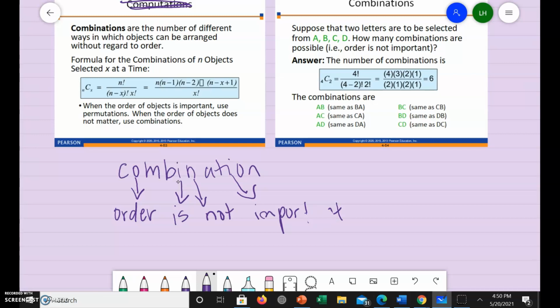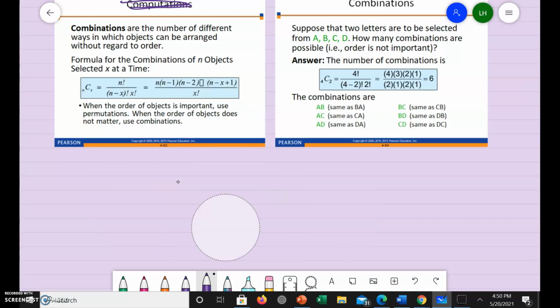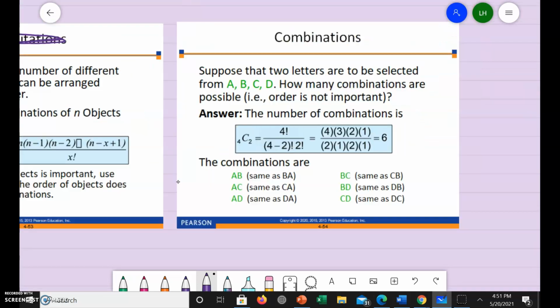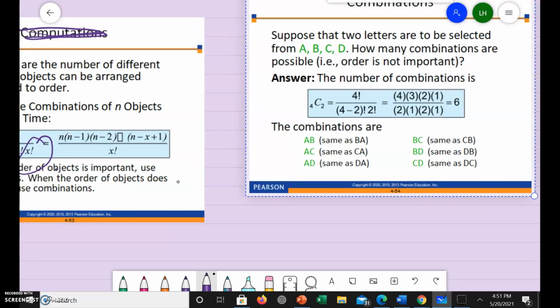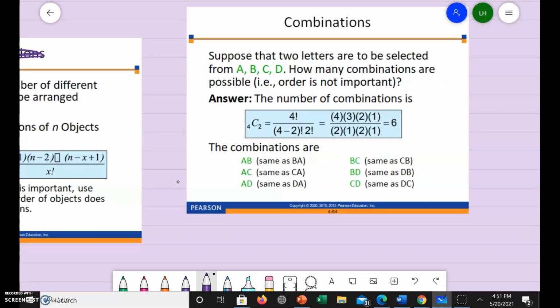So we have the formula here, and we're just going to plug into the formula. It's just n and x like normal, but we have an extra part here, x factorial, on the bottom. There's no shortcut for this one. You actually do have to use the formula unless you list all of your different outcomes out, or your different combinations. So let me just show you what I mean here.